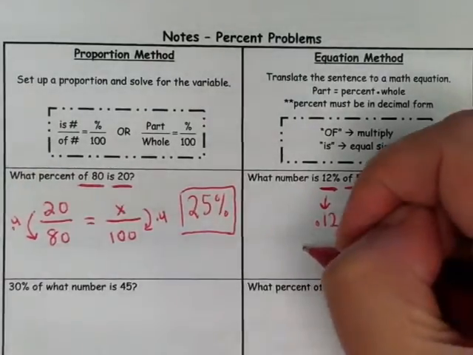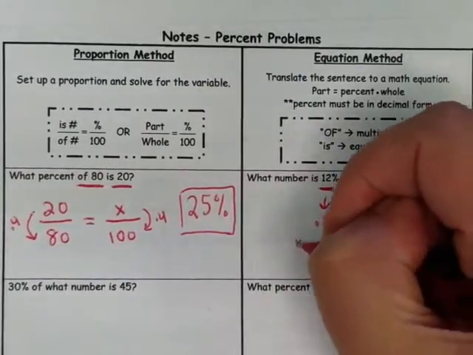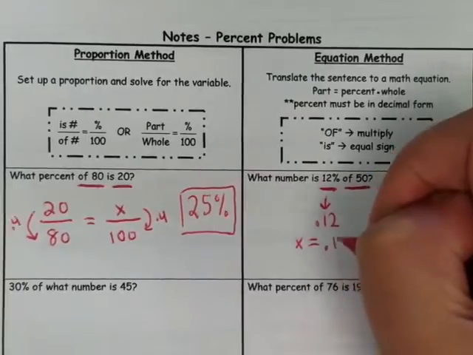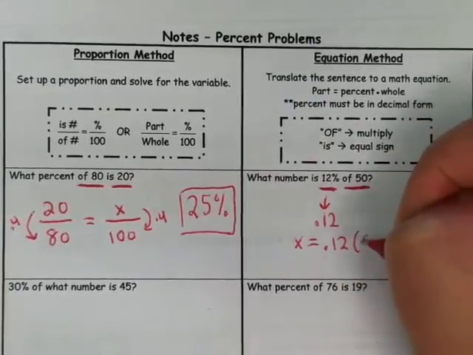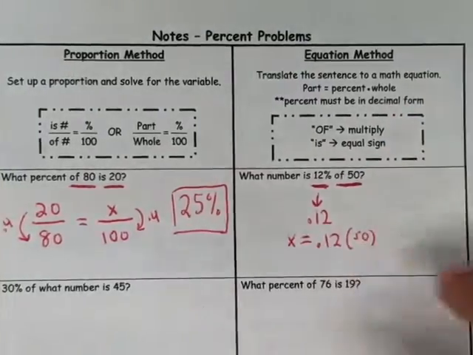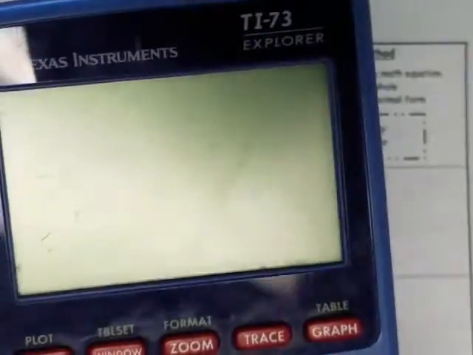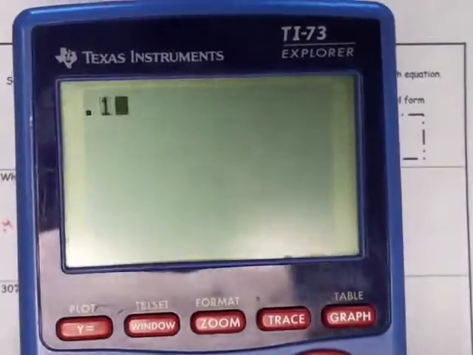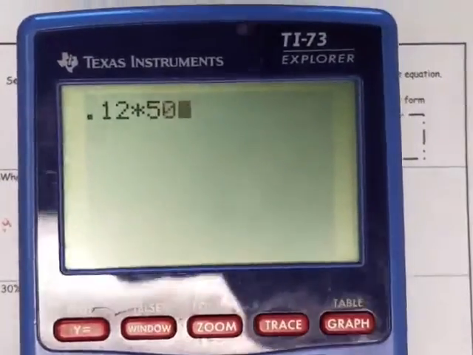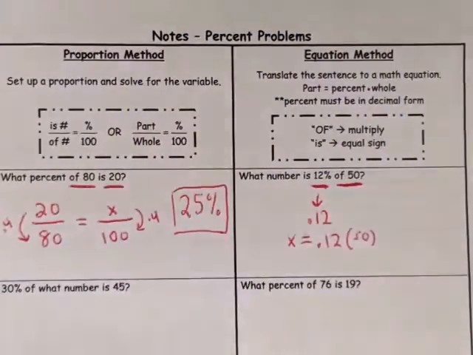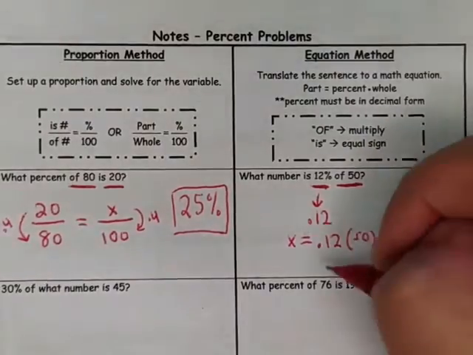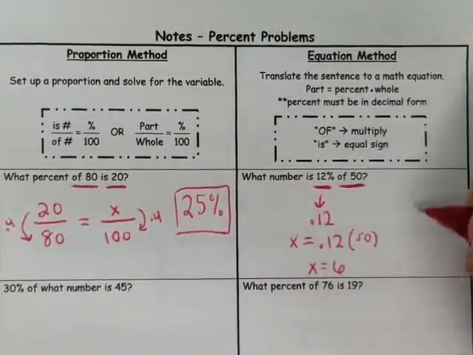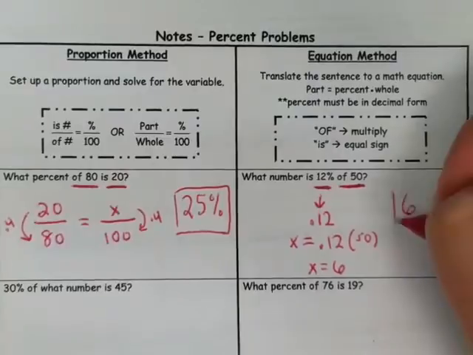I don't know my part, but I know that it's 12% of 50. So I multiply 0.12 times 50, which gives me 6. So x equals 6. So 6 is my part.